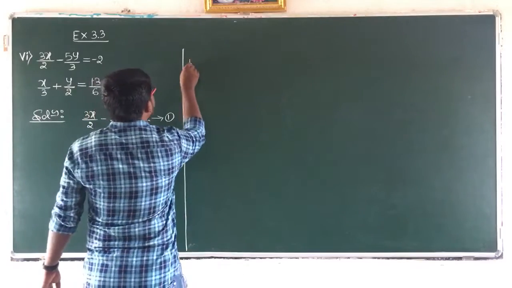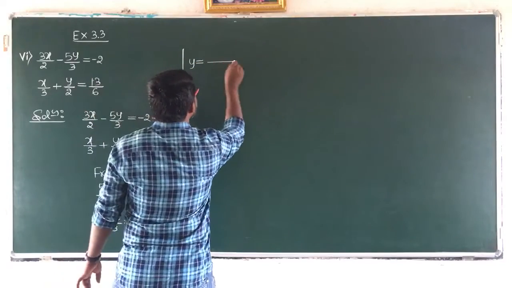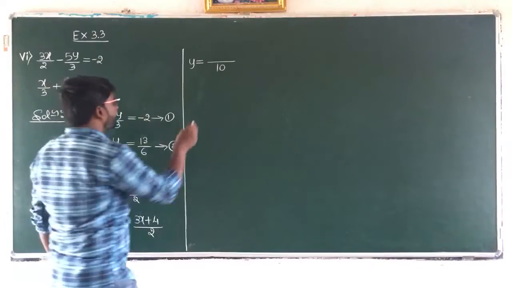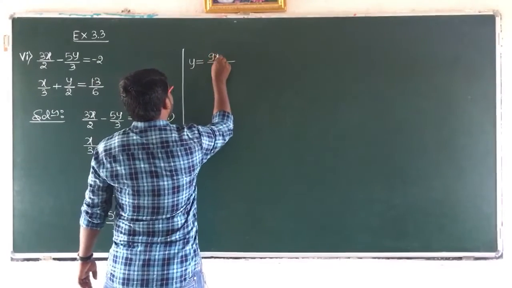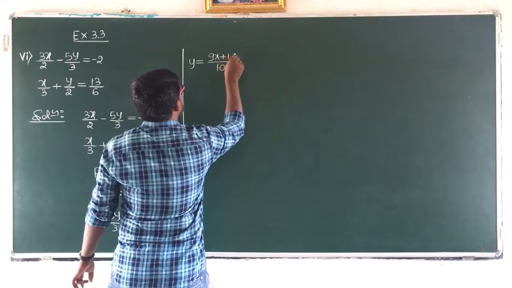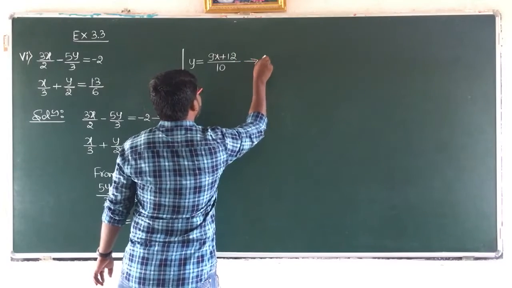So y is equal to, denominator becomes 10, then numerator 3 into 3x will be 9x, 9x plus 12. So this is the value of y. Call this equation number 3.